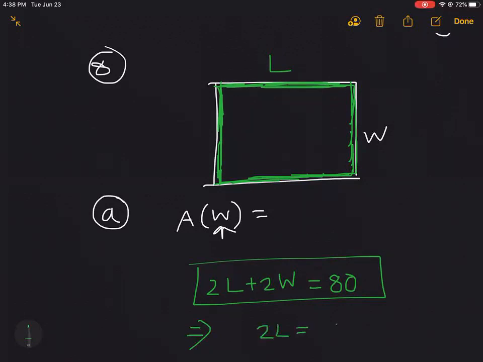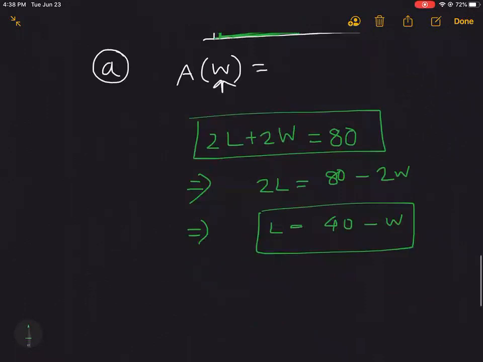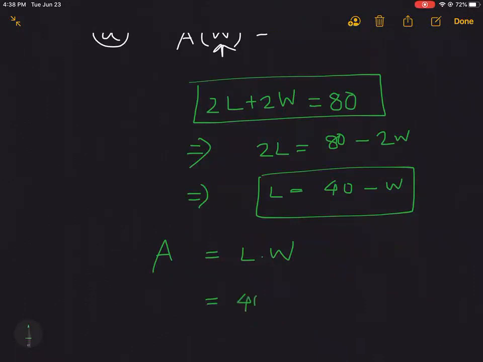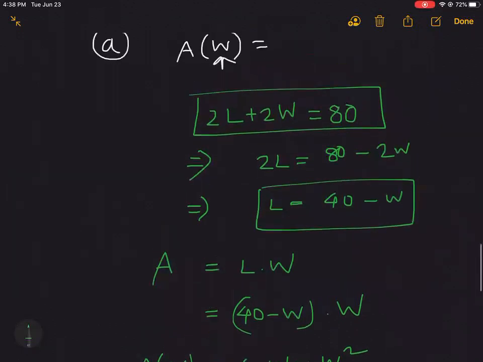So 2L will be 80 minus 2W, and L will be, if you divide both sides by 2, 40 minus W. Okay, so that's your L. And now if you substitute it in the formula, L will be 40 minus W times W. So it will be 40W minus W squared. And this is your area in terms of the width. Okay, so that's part A.